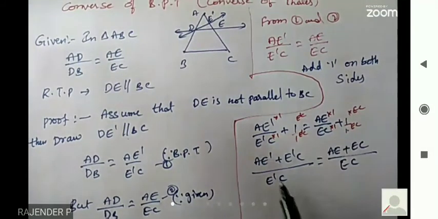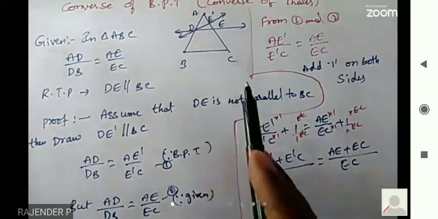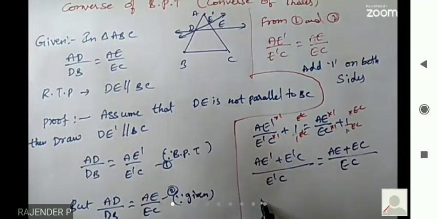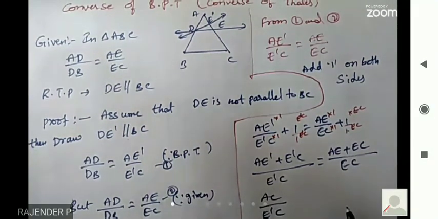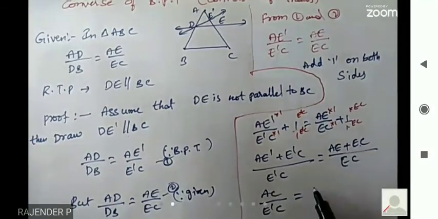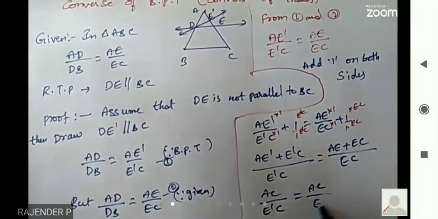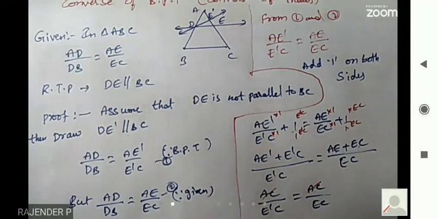After that, AE dash plus E dash C is nothing but AC, so AC by E dash C is equal to AE plus EC, also AC, only by EC. Now AC gets cancelled on either side.